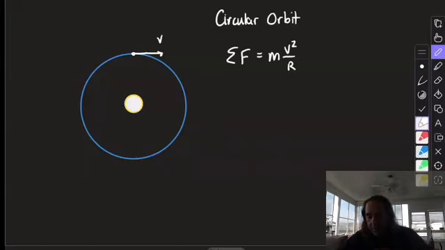It is when the gravitational force between two objects is balanced perfectly by the needs of a centripetal acceleration. So the mass of the object at the center times the mass of the satellite times G divided by the separation distance squared.